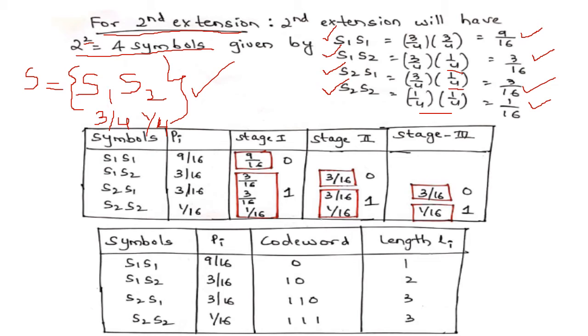So now we need to group these probabilities into exactly two sets, that is two subgroups, such that both the group probabilities are almost equal. So 9 by 16 is considered as one group and all the remaining in the second group.